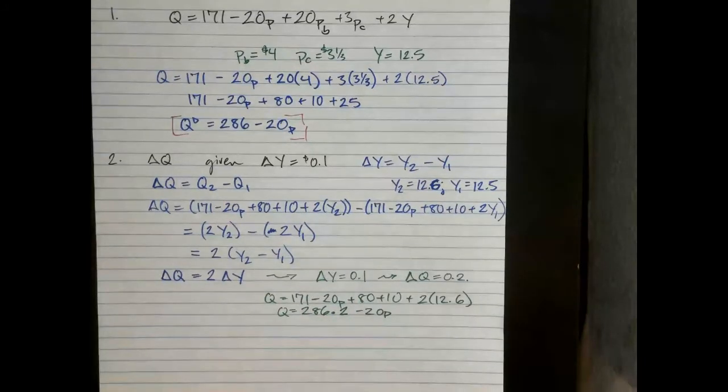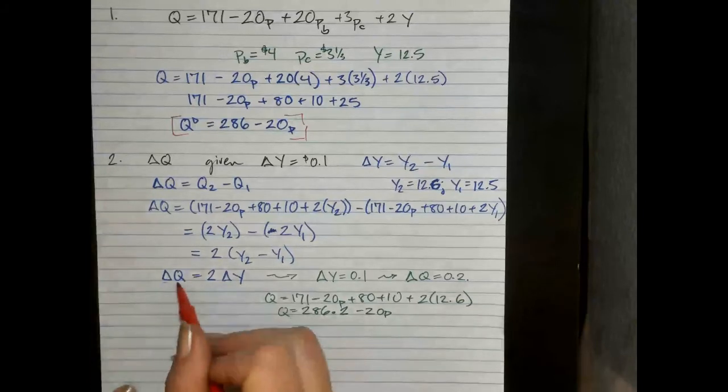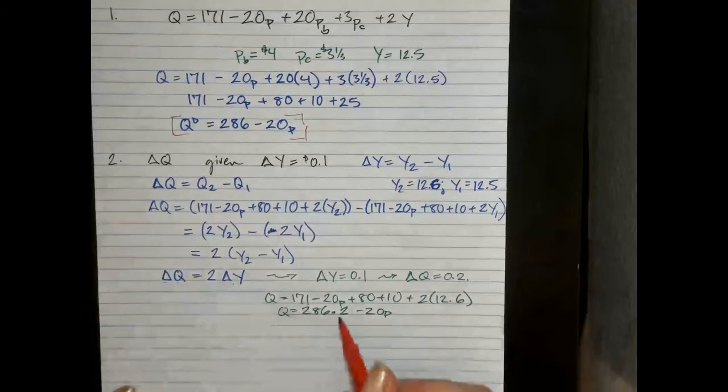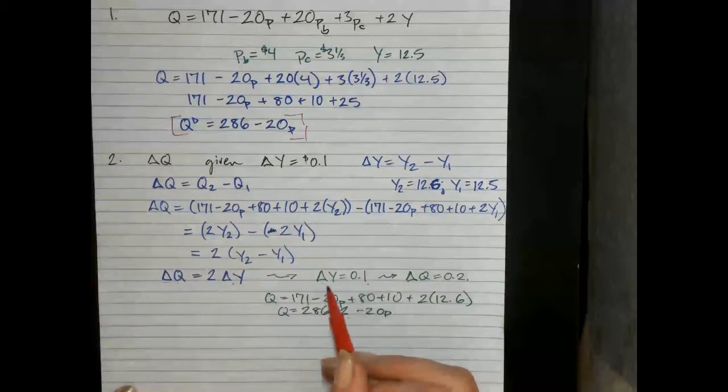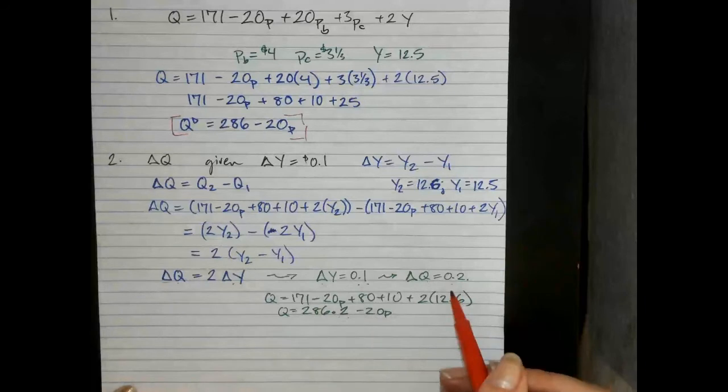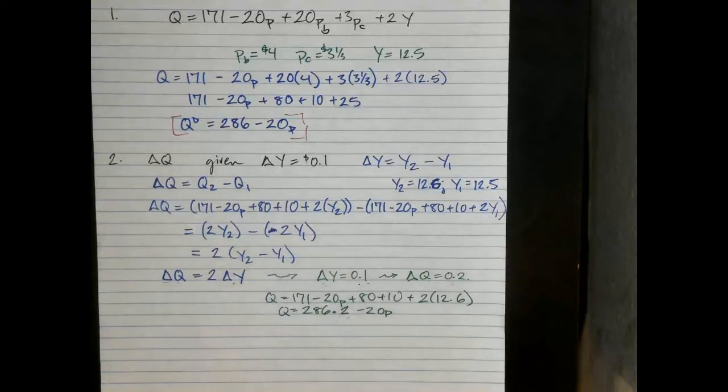And so again, here's the difference between this change in Q and this change in y. It's an additional 0.2. One change in y is going to be doubled in Q. Hopefully that makes sense. If it doesn't, let me know and we can talk about it some more.